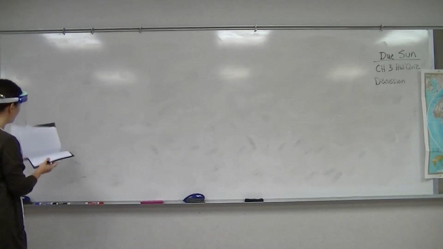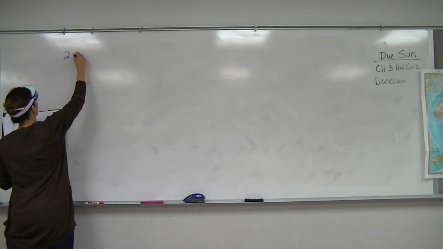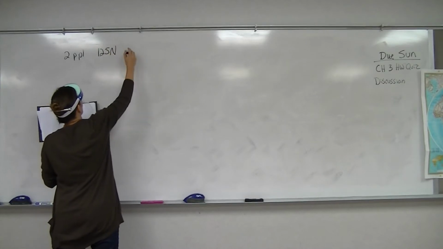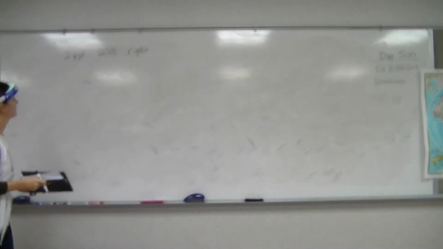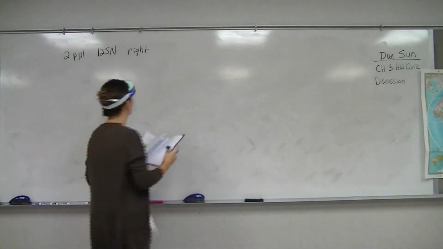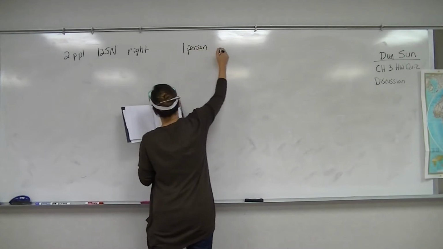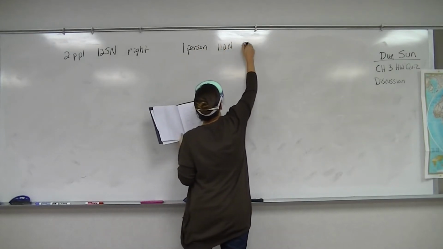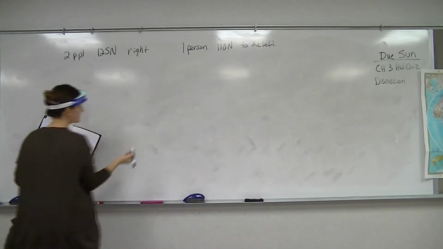So the tug-of-war scenario, we have 2 people, 125 newtons force to the right. Okay, and then we have 1 person on the other side with 110 newton force to the left. So I said it was tug-of-war.